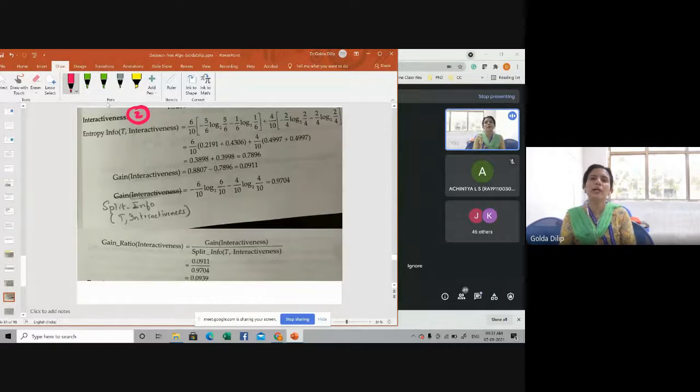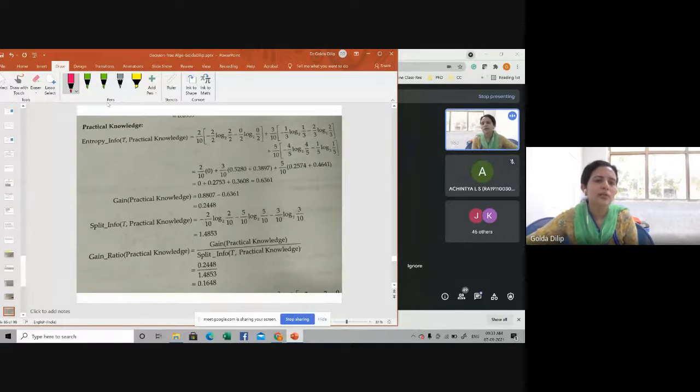Same way, you prepare a table: interactiveness where job offer is yes and job offer is no. That's how you get these values: 5 by 6, 1 by 6. You are supposed to be getting the gain ratio as 0.0939.